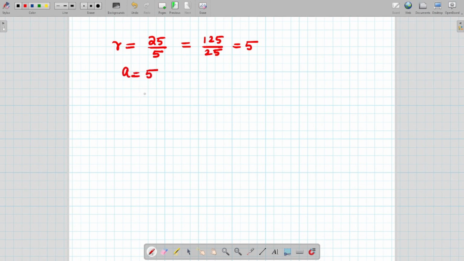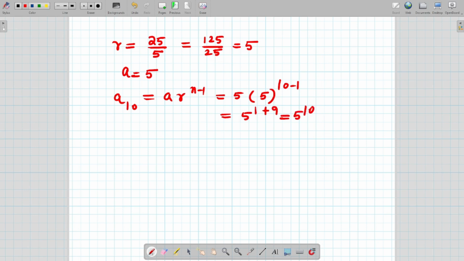And we are asked the 10th term, that means a10. a10 will be a r^(n minus 1), so a is 5 and r की वैल्यू 5 itself, and then n minus 1 means 10 minus 1, which is 5 की power 1 plus 9, which is again 5 power 10.